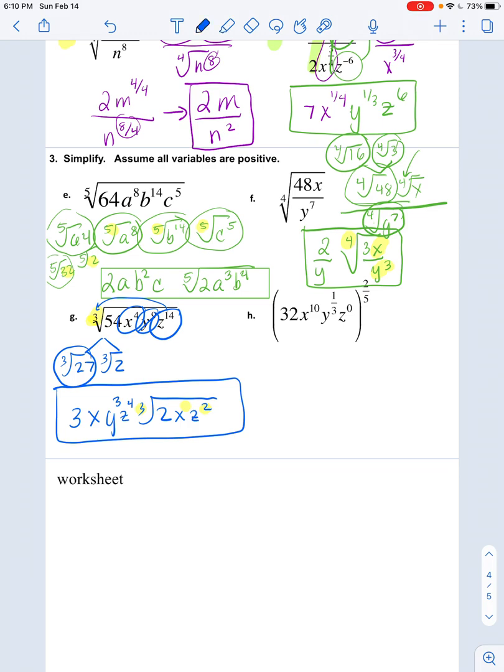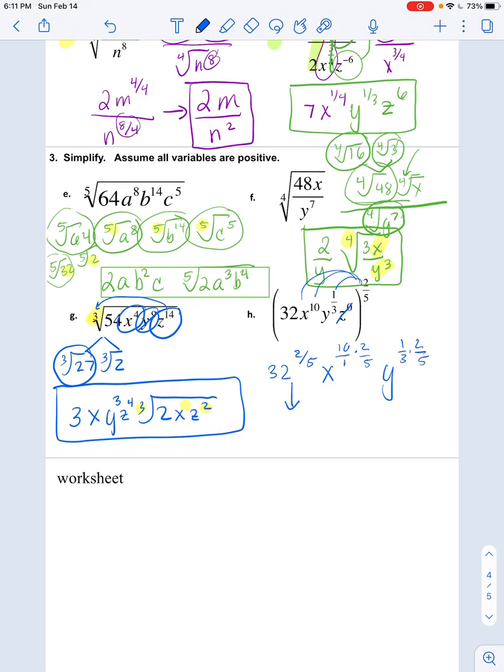Looking at this next one, it looks a little tricky, but I'm going to get rid of this part because I know that anything to the 0 power is 1. Then I'm going to distribute. So I'm going to have 32 to the 2/5. x is to the 10 over 1 times 2/5. y is currently to the 1/3, but it's multiplied by 2/5.